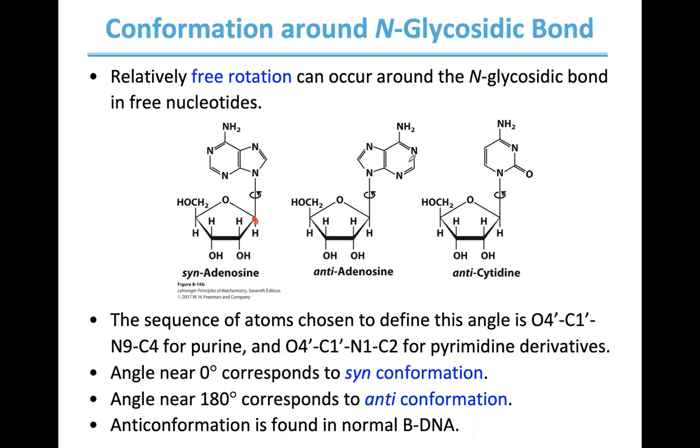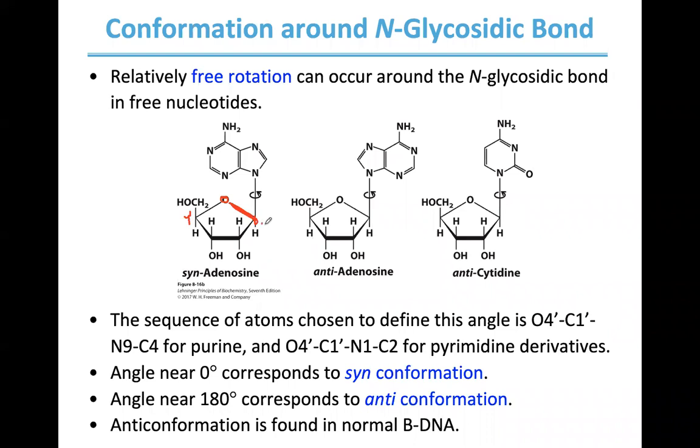Specifically, the atoms that we follow for this, for the purine, are O4 prime. It's this one, right? This is 4 prime. So this bond, or 4 prime to C1 prime.